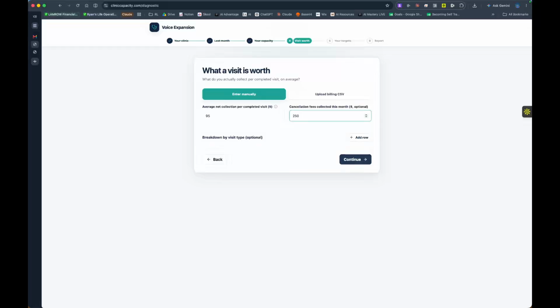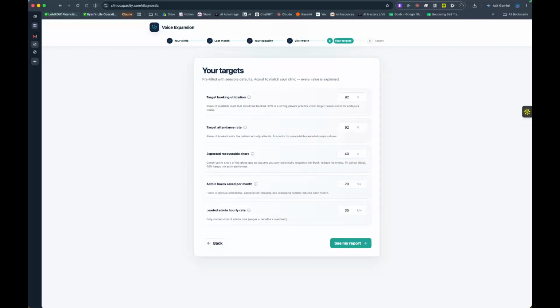By the end of it, they can suggest targets, basically where they'd want to be, because the truth is, within this industry, every private practicing clinic is not going to always have 100% utilization or 100% show-ups. That's just unheard of. It's not possible, at least as of right now. So that's the direction we're looking to go.